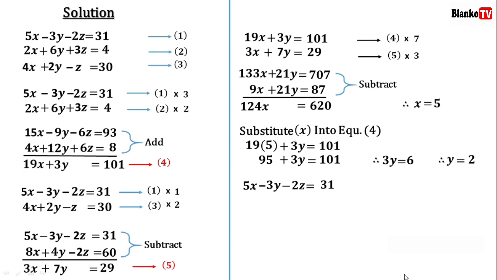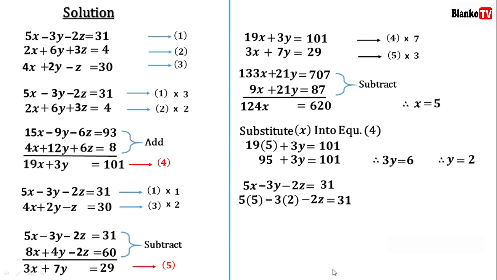Okay, so we have 5 multiplying 5 minus 3 multiplying 2 minus 2z equals 31, because x is equal to 5. So 5x means 5 multiplies 5, and y equals 2, and we have 3y, so 3 multiplies 2.